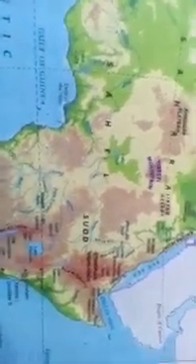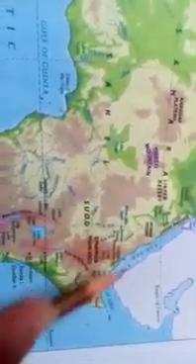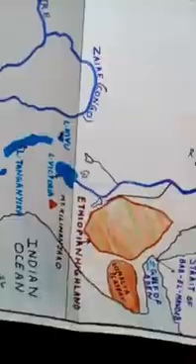Therefore, it is known as the Ethiopian plateau or the Abyssinian plateau. Now, if you look at your map here, they have also mentioned the Ethiopian highlands. Now, if they are highlands, they are also a raised platform, that is your plateau area. So we'll be marking this properly in our map.